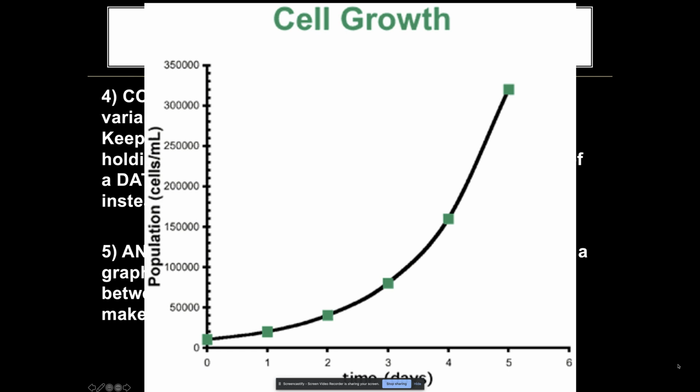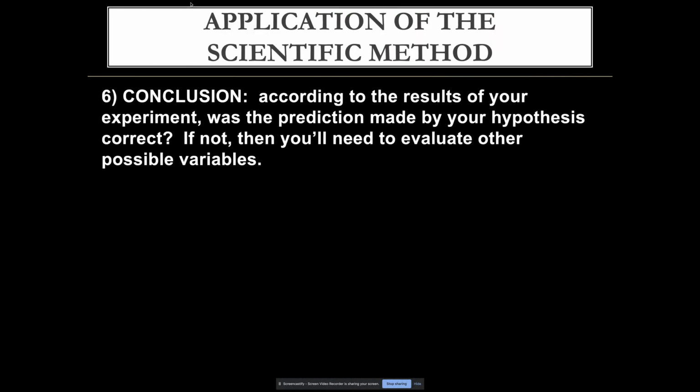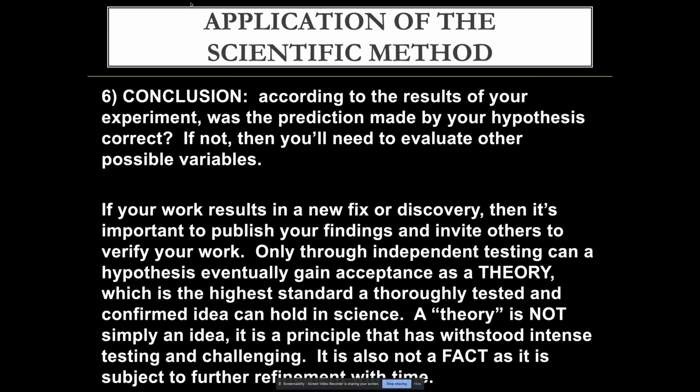You just plug 500 days into your equation, and it will tell you how many cells you get out of it. And then you reach your conclusion. Did your hypothesis test out? If yes, awesome. If not, well, then go back and start over again.